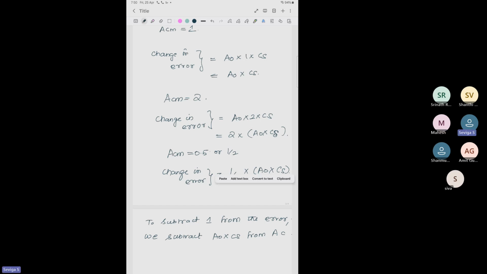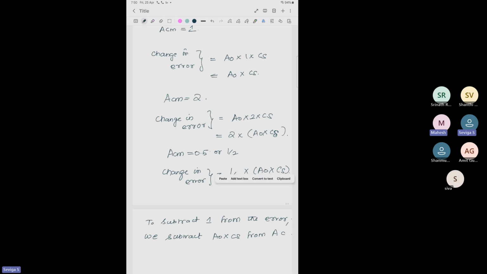So I can put it in the reverse way. If we want to increase the error by 1, we should add A naught into C delta to the weight. Got it?